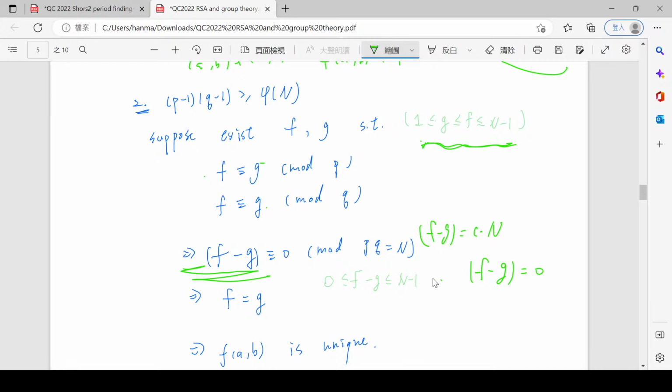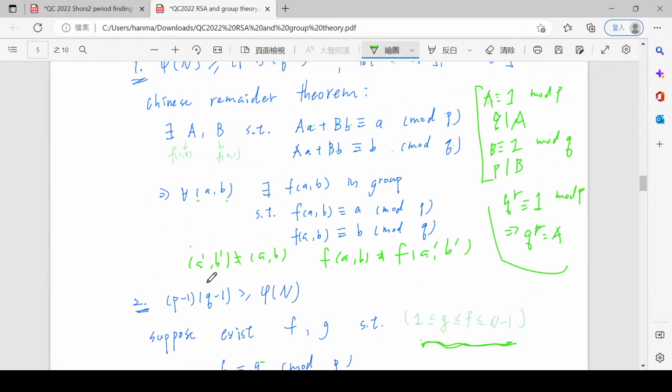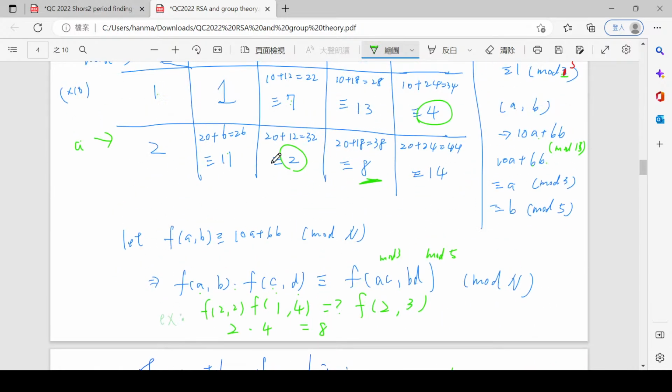Together with this, f minus g is from 0 to n minus 1, so it means f minus g equals exactly 0, so f equals g. And so we prove that every slot is unique.